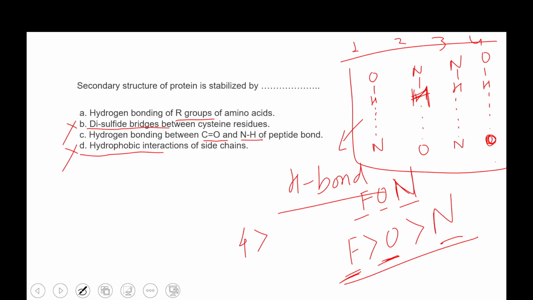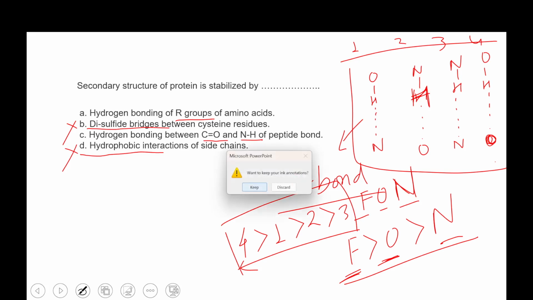If hydrogen is associated with the more electronegative atom, it is stronger, and the others come later in weakness, then second, then third. So this will be the order of hydrogen bonding strength.